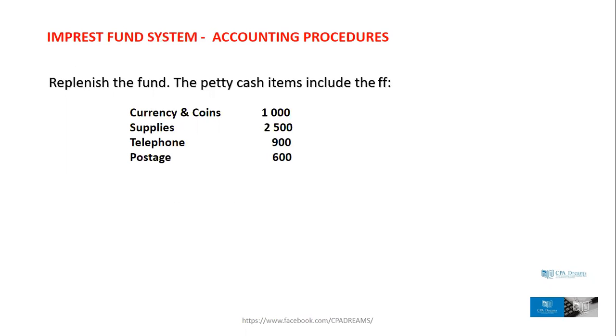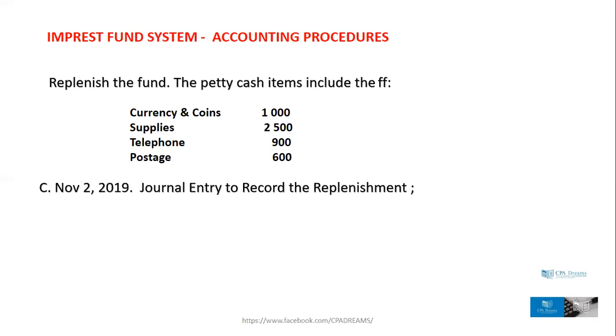Okay? Next is, what if we need to replenish the fund? So in this example, we have petty cash items that include the following: currency and coins 1,000, supplies 2,500, telephone 900, postage 600. So what will be the recording of the replenishment?